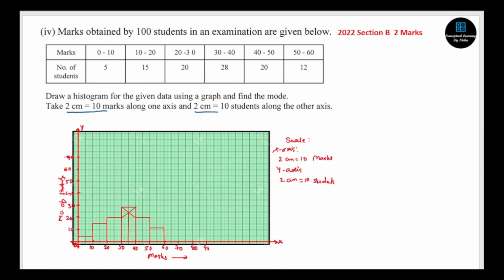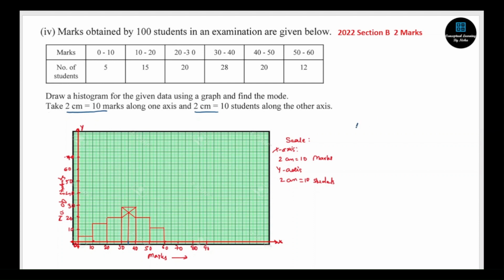So I have taken marks on the x-axis and the number of students on the y-axis, and the histogram is plotted over here. If I just look here, this is the highest frequency, which is 28, and based on that we'll get the mode as approximately 35 marks.